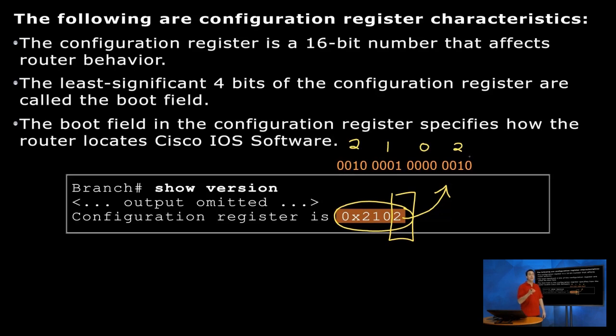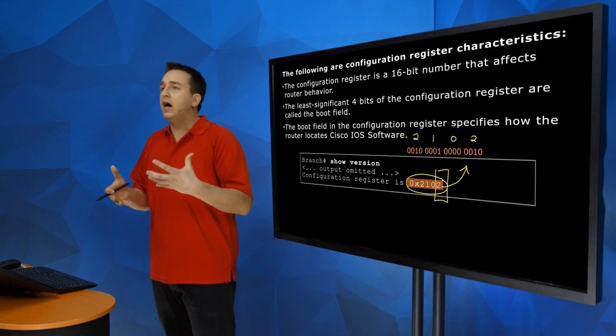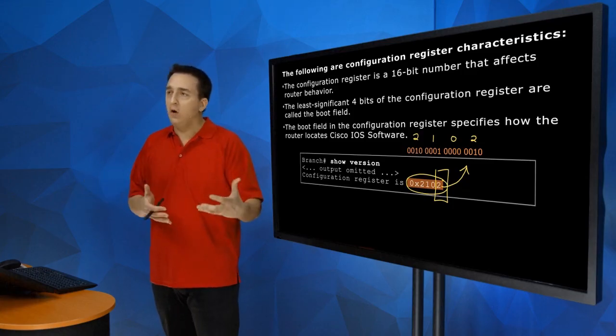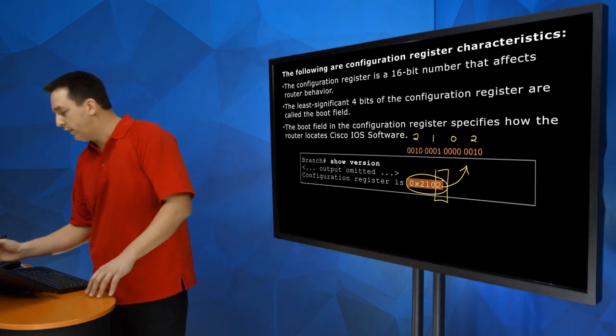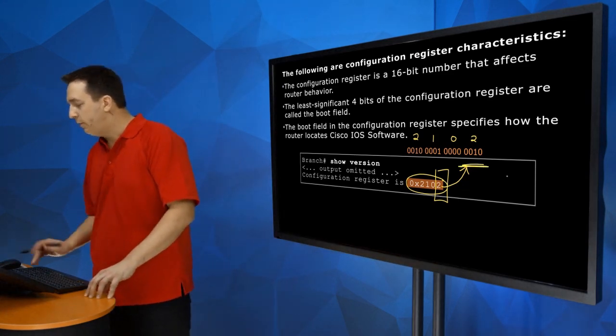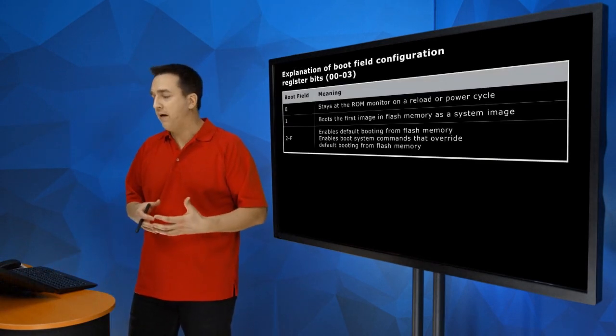So it's a 16-bit number we're dealing with here that's affecting the router's behavior during the boot sequence. If we want to control which IOS image is going to be loaded or how the IOS image is going to be located, then we can control these very bottom 4 bits. So let's analyze the options that we have there.